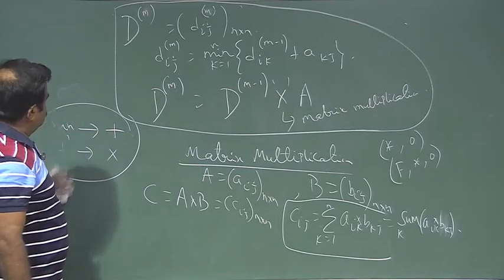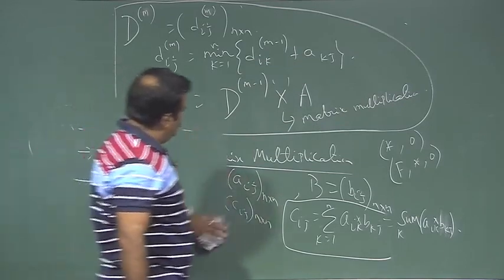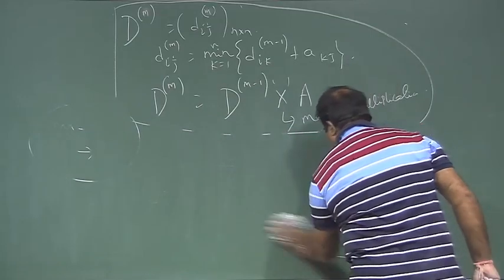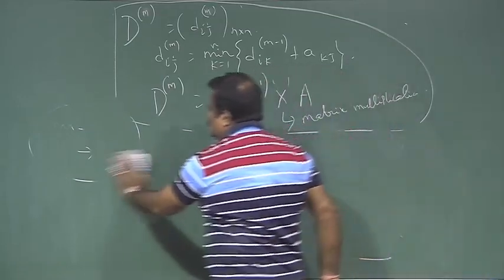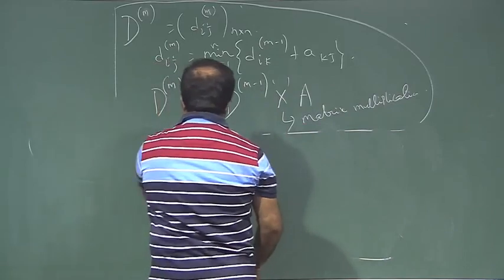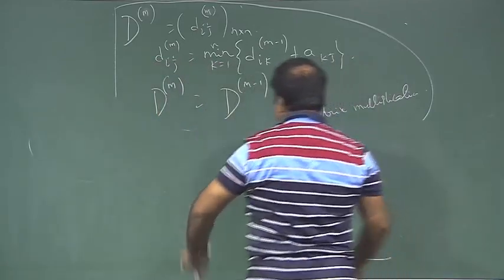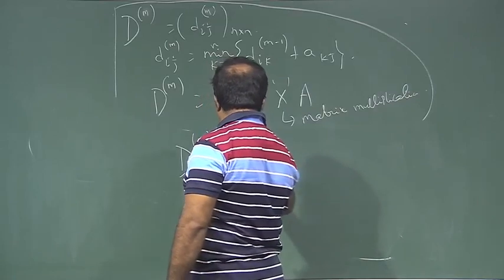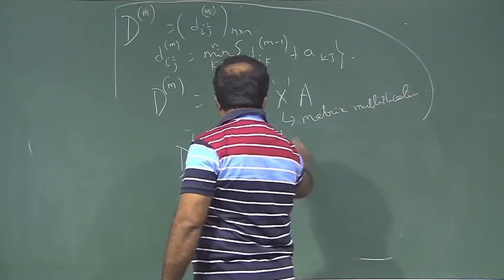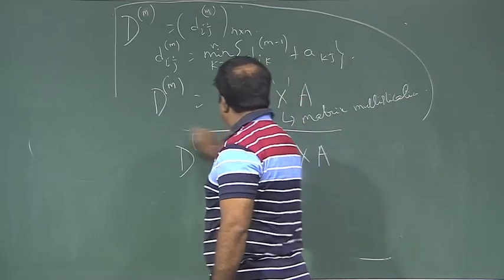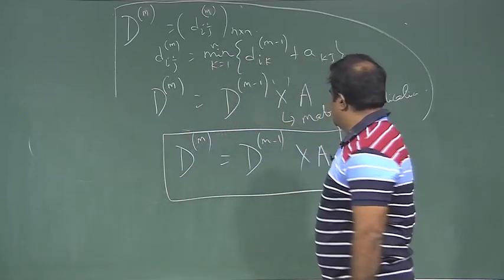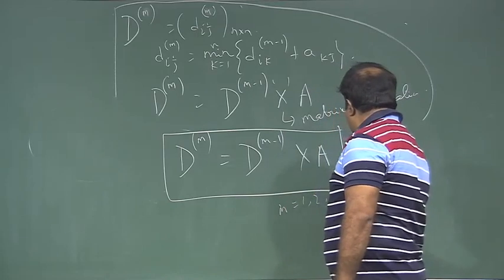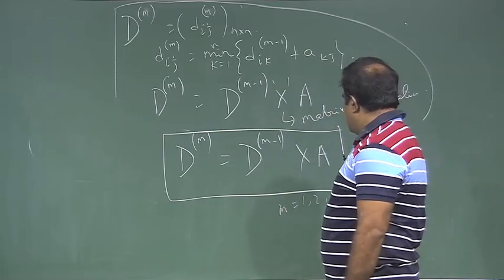So, we prove this result: D^m is D^(m-1) into A, and m varies from 1 up to n minus 1.